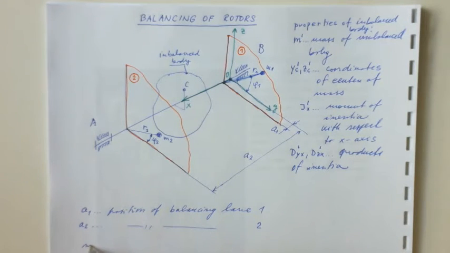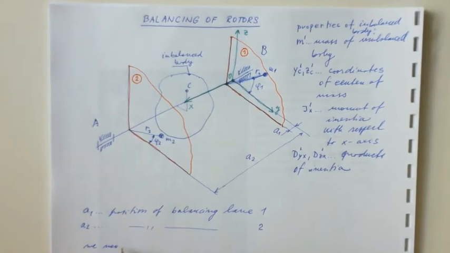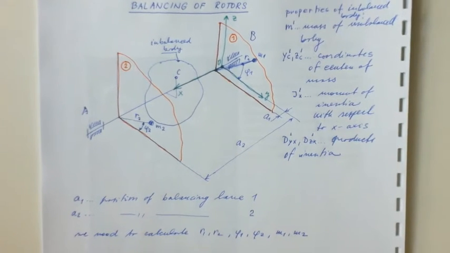So we need to calculate R1, R2, Phi1, Phi2, and M1, M2 if we want to make a balancing process.